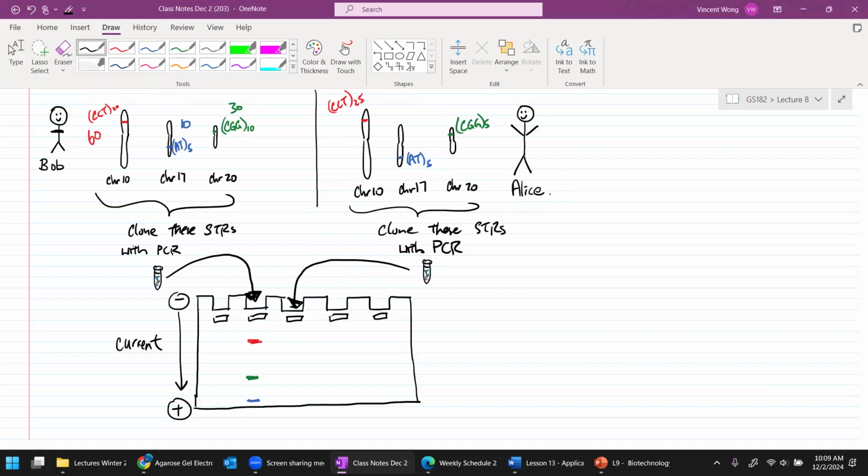Okay. Because look, if 60 is here and you have something like this one, how long is this one? 75, right? Okay. So is 75 going to be higher than Bob's red or below Bob's red? Higher, right? Exactly.